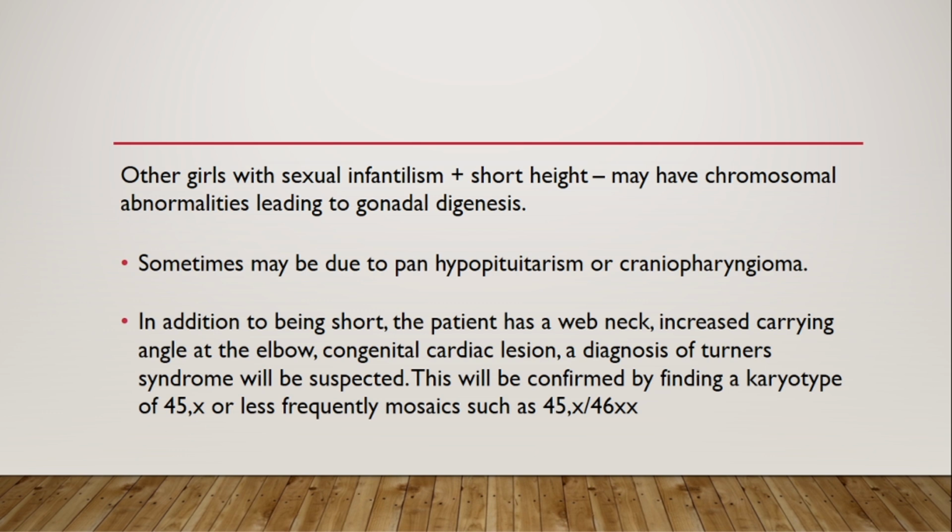Sometimes there may be 2 cell lines in the same patient, in which case one group will be 45 XO and the other group will be 46 XX or 46 XY. These are the group called mosaics, because in mosaics there are two different lines of cells. Some of them may have a uterus, maybe small, and they may have menstruated. And some of these mosaics can even go on to get pregnant.